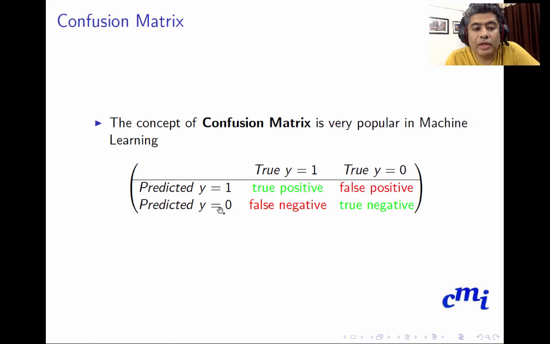If you predict negative and it actually turns out to be negative, then it's called a true negative. If your test says positive but actually it is negative, then it's called a false positive. And if the test says negative but actually it is not negative, then it's called a false negative.